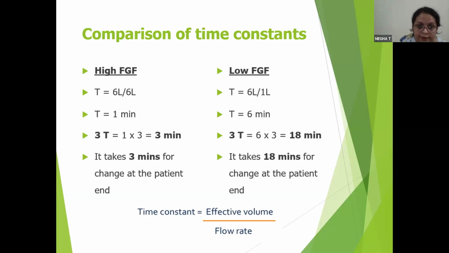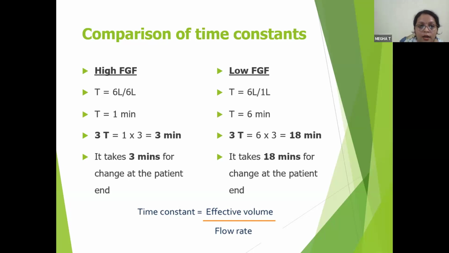However, just see if it's a low fresh gas flow, the effective volume I said 6 liters, and flow rate, like low flow anesthesia, we have kept at 1 liter. So the time constant will be 6 minutes. So 3 time constants will be 6 into 3. That will be 18 minutes. So it takes 18 minutes for a change at the patient end. So you have to note this.